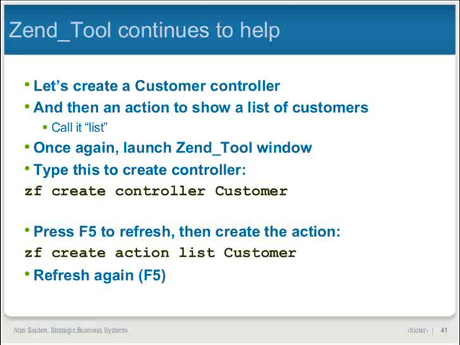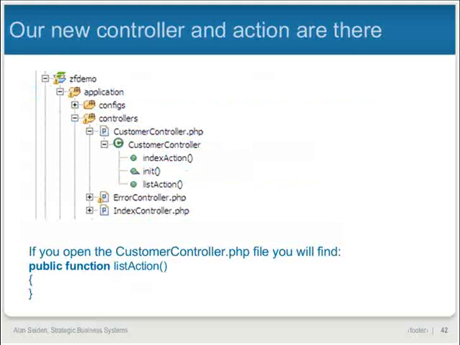I believe the next slide, yes, it shows you that once you do that, within the controllers folder, you'll see CustomerController.php. And this is the naming convention that Zend Framework uses. Okay, it takes the name of the controller and attaches it to the word Controller. And then inside that, we created a list action. So there it is.